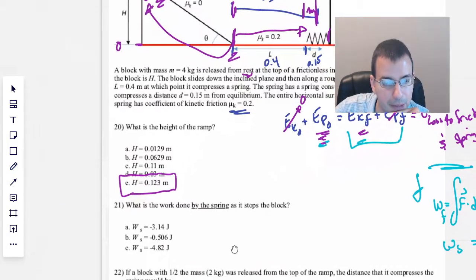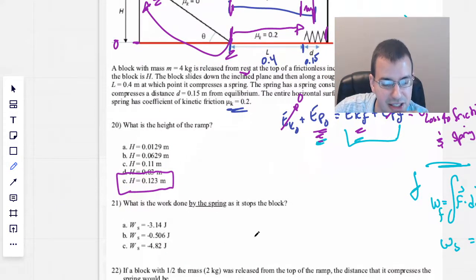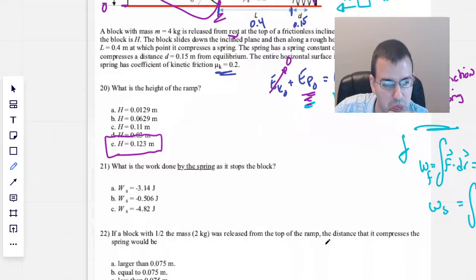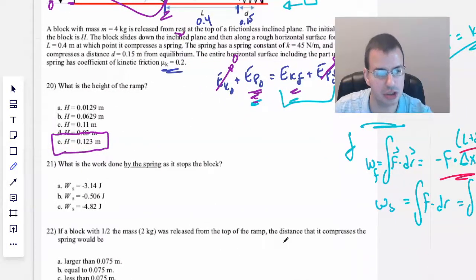What is the work done by the spring as it stops the block? I think we already found that out. What is the work done by the spring as it stops the block?